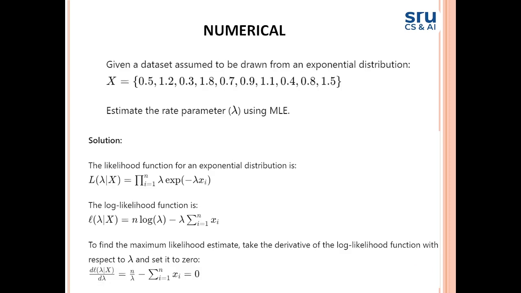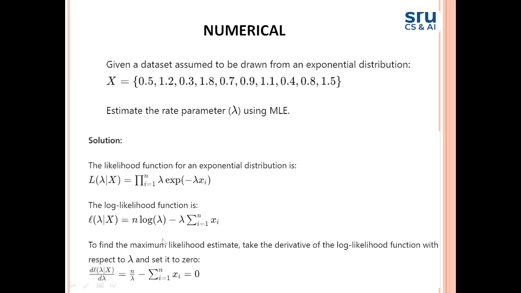Next, on the basis of this maximum likelihood, we will try to see with the help of an example. Suppose here the data set is given by X and we have to estimate the parameter lambda using MLE, maximum likelihood estimation.